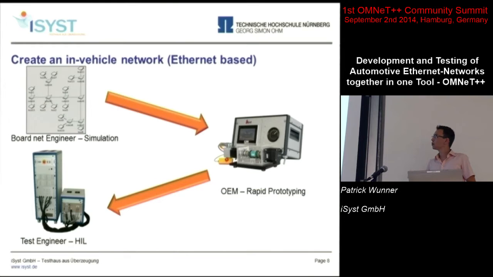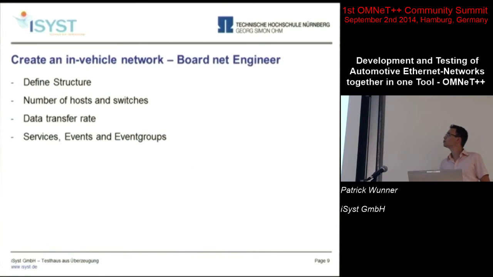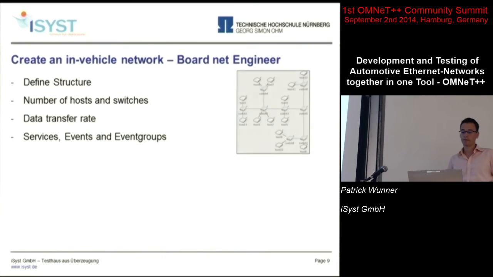And so the idea was to take one model and take OMNeT++ for all these steps. How can we do that? At first, in boardnet engineering, that's the natural environment. So we can define the structure of the network, the number of hosts and the switches, and the data transfer rate.